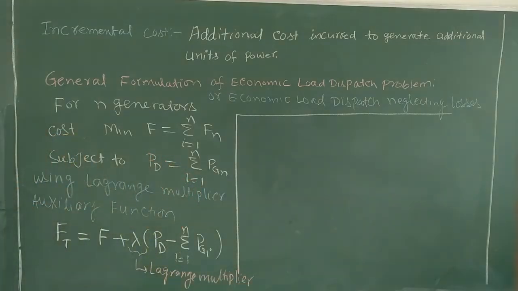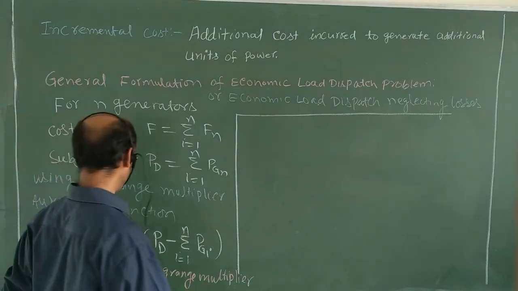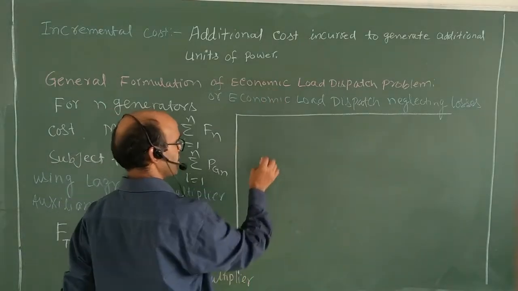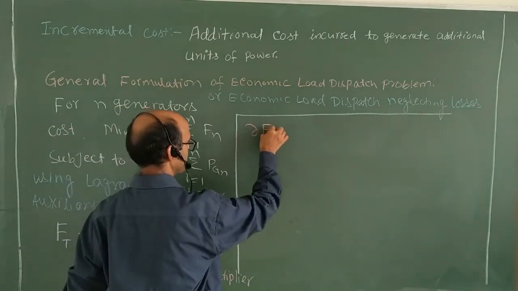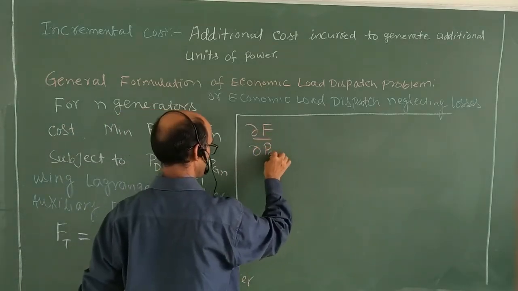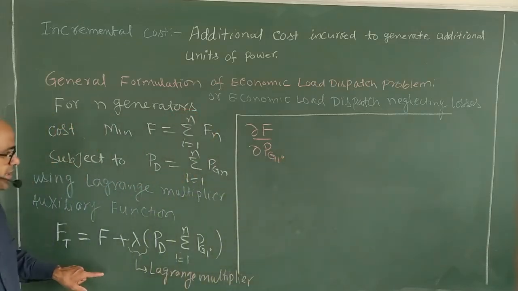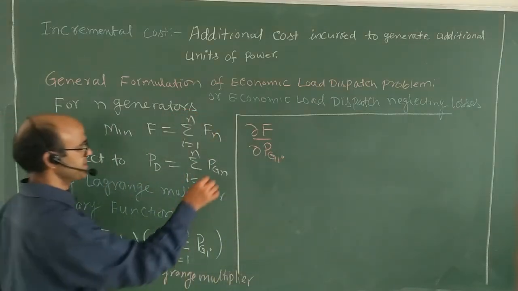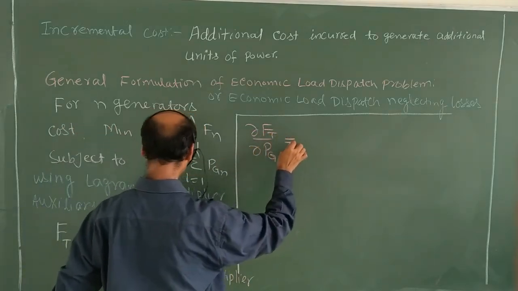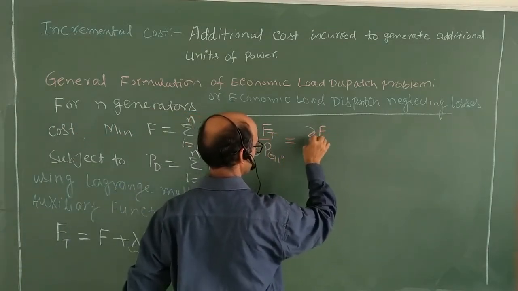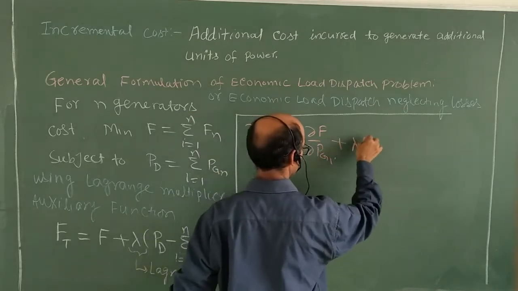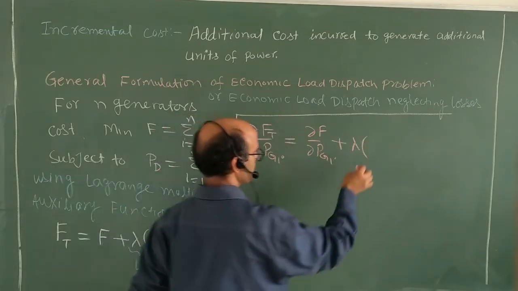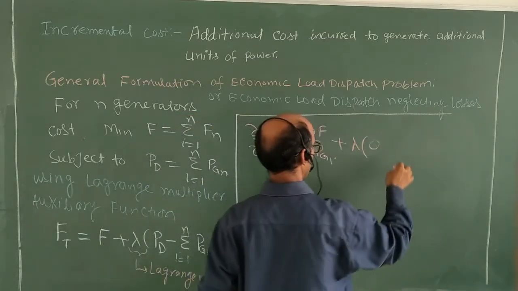We have to optimize, or minimize, this function. So we differentiate it with respect to the respective generating power. Suppose for the i-th generating unit, we differentiate: del F over del PGi plus lambda, where lambda is constant and PD is also constant, so its partial derivative is 0, and minus the derivative of the sum.